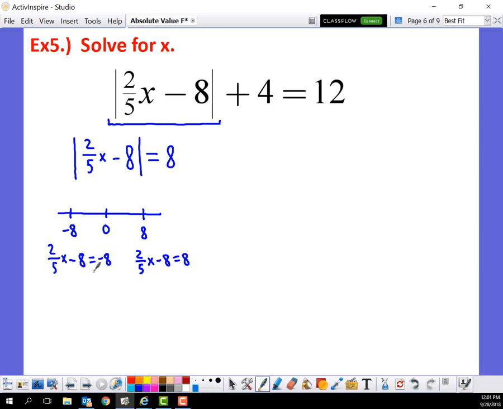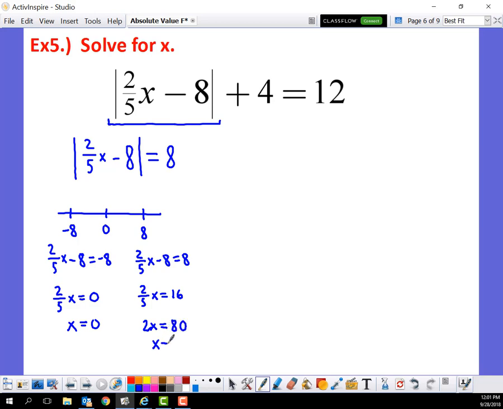If I add 8 to both sides in the first one, I get 2/5 x equals 0. Multiply both sides by 5/2, and you get x equals 0. On this other one, we get 2/5 x equals 16. If I multiply both sides by 5, I get 2x equals 16 times 5, which is 80.